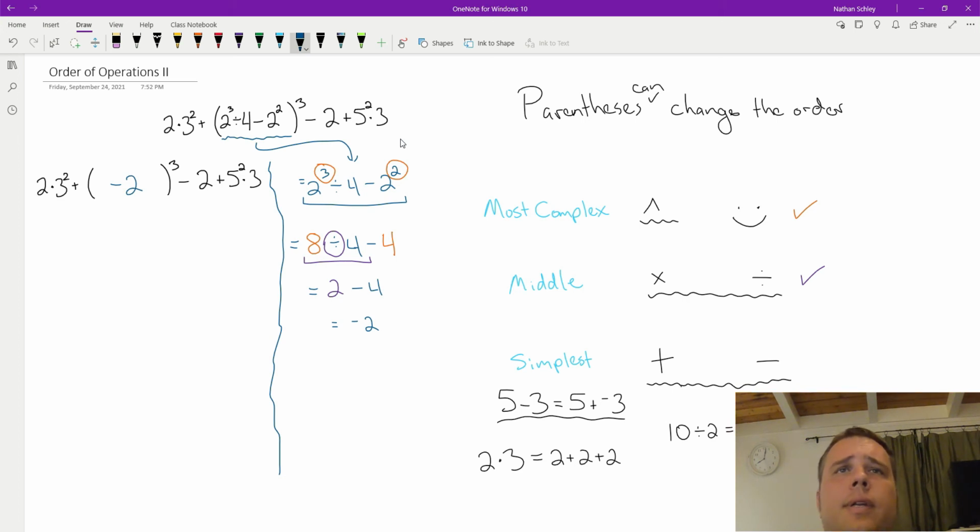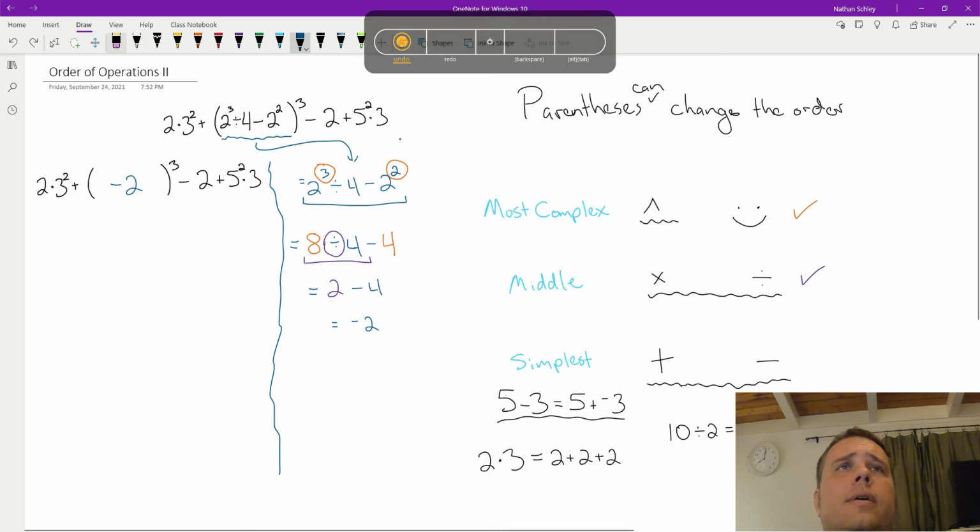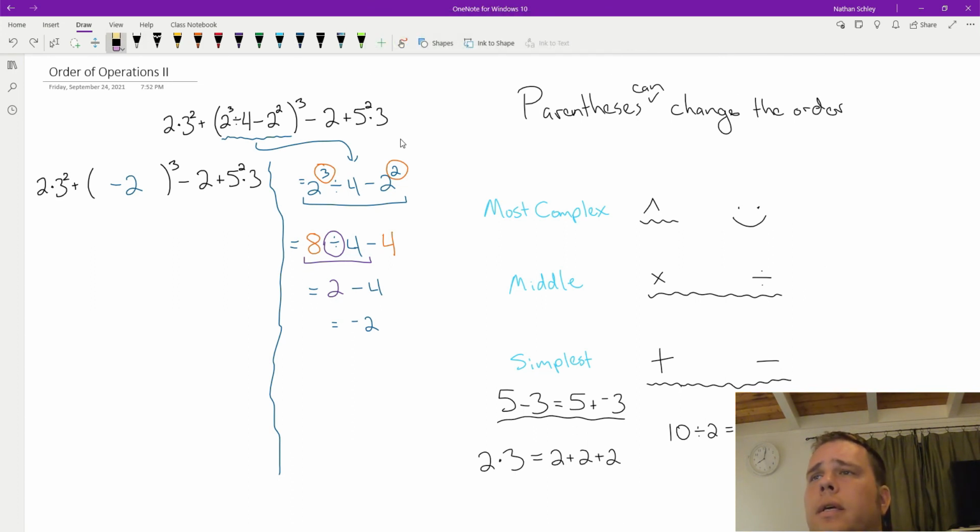Okay, now that we know this is -2, we can go down the hierarchy again. So what are the most complex operations happening here? Well, that's exponents. I see a squared here, a cubed here, and a squared here. So I'm squaring 3, cubing -2, and squaring 5.